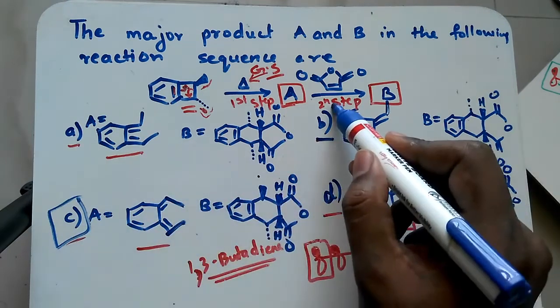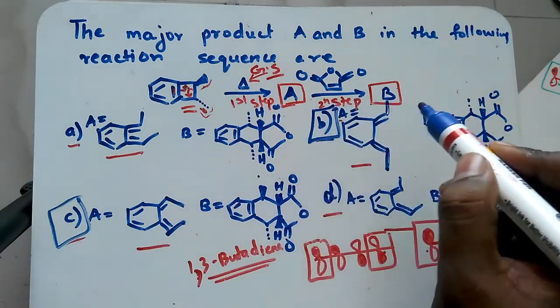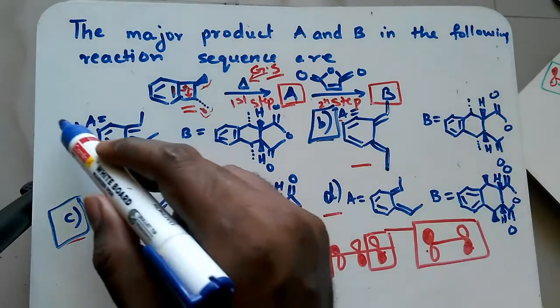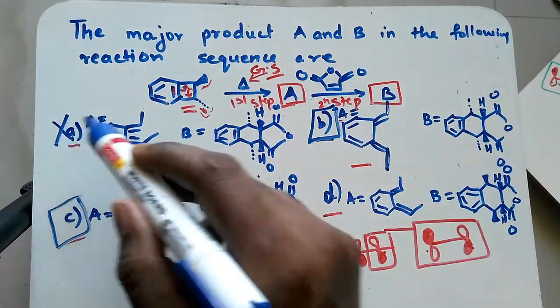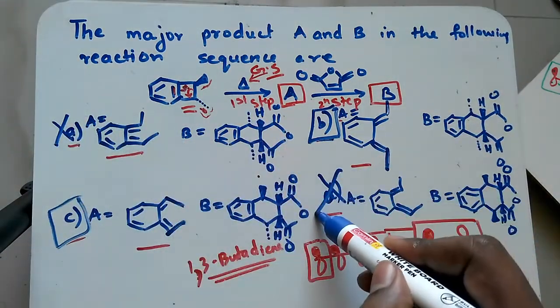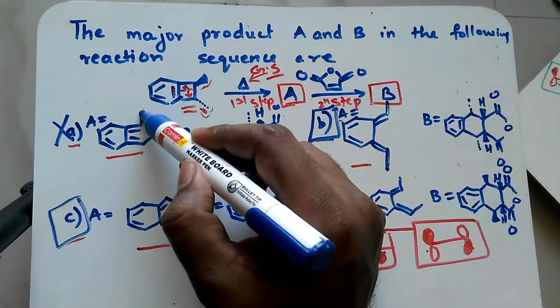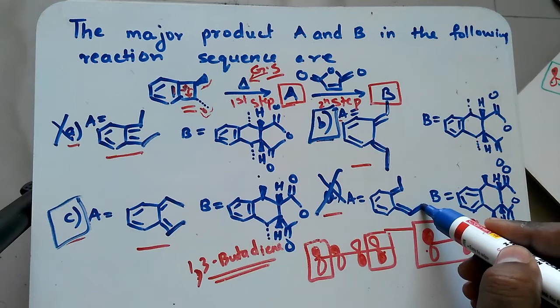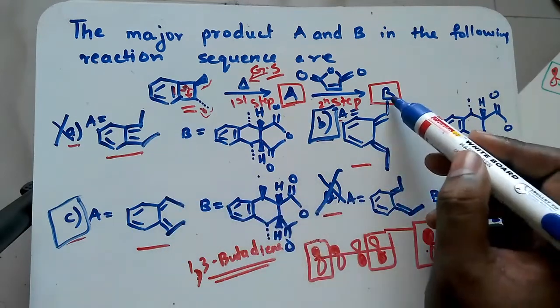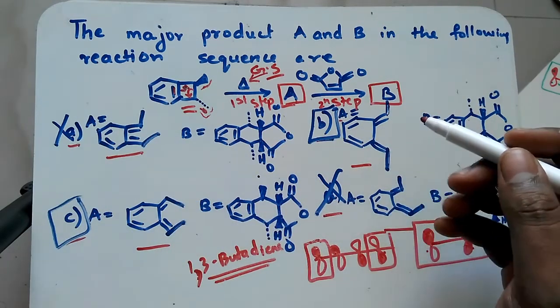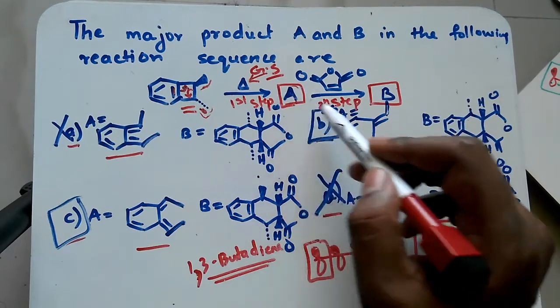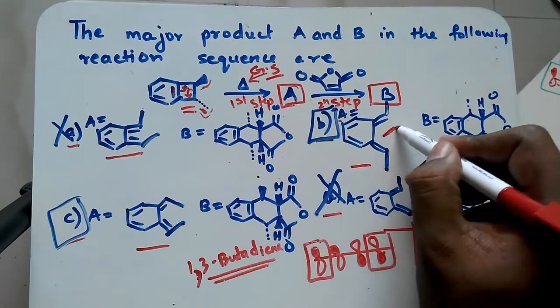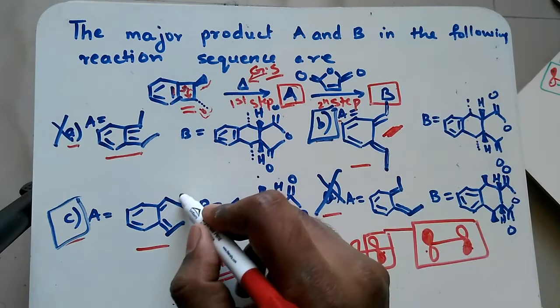So option C or option B may be correct at the moment. Option A and option D are wrong choices because they show outward-inward, outward-inward. It should be inward-inward or outward-outward. So A can be this option B, this one or this one.